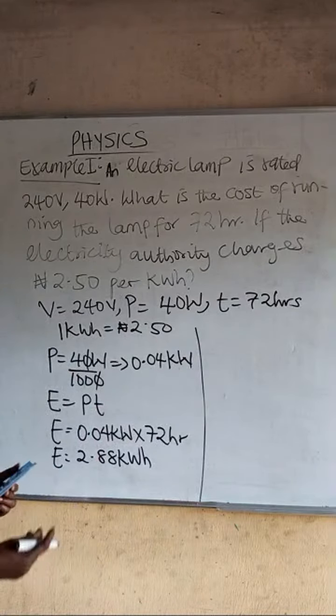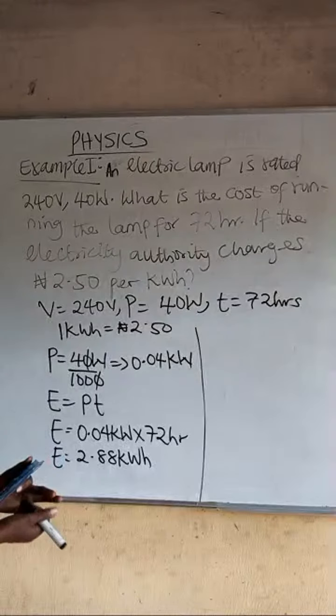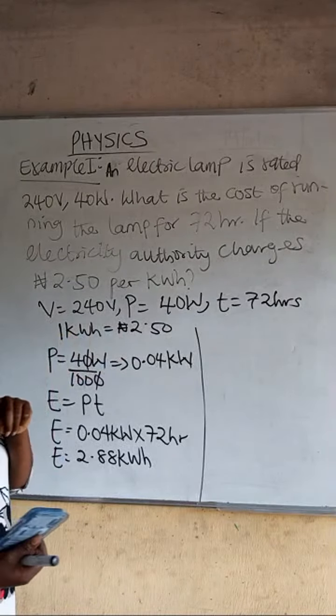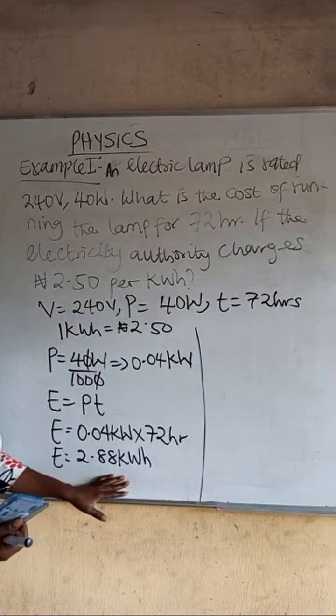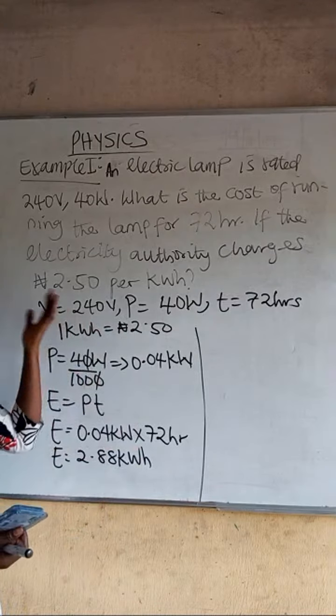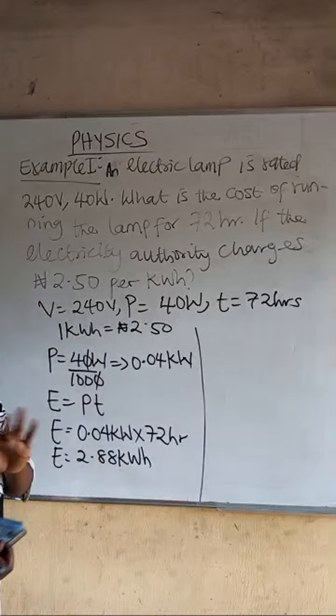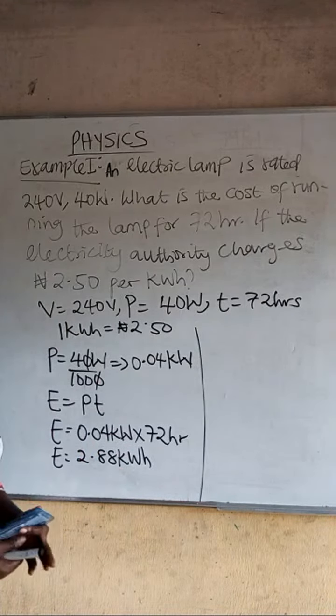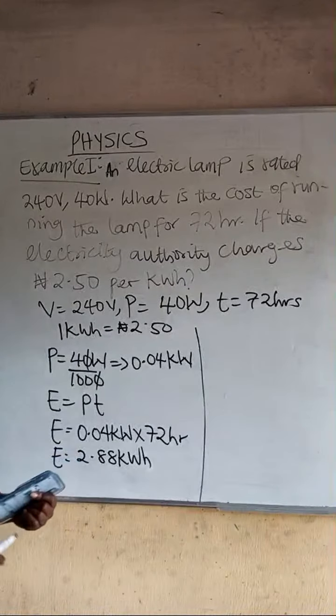From the question, 1 kilowatt hour is sold at 2 naira 50 kobo, and this is the energy we consume so far: 2.88 kilowatt hour.